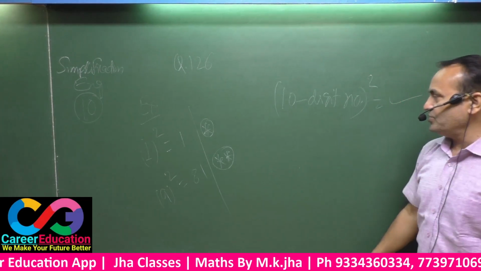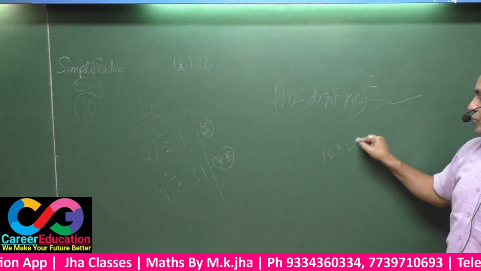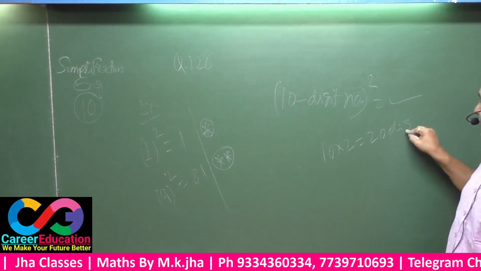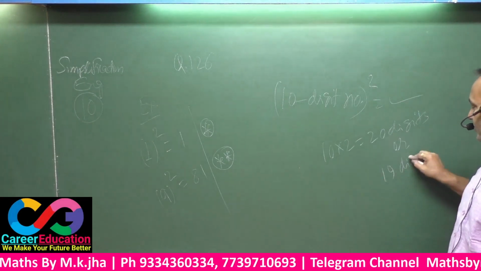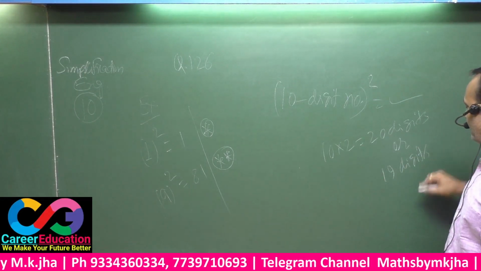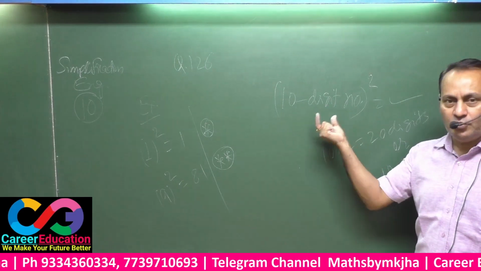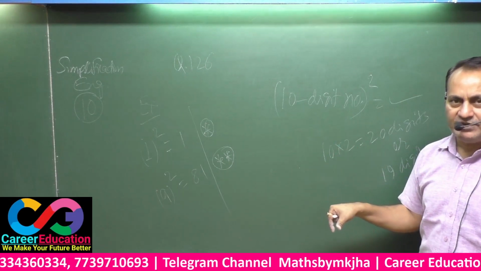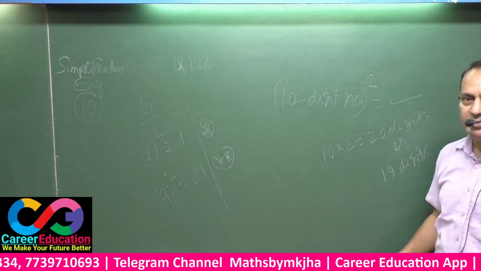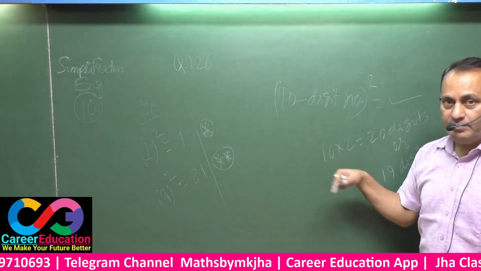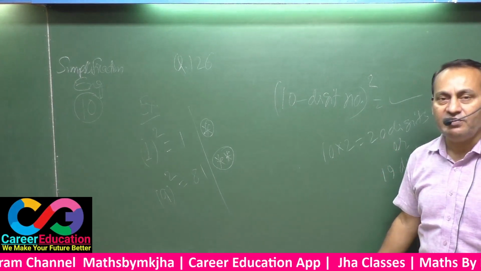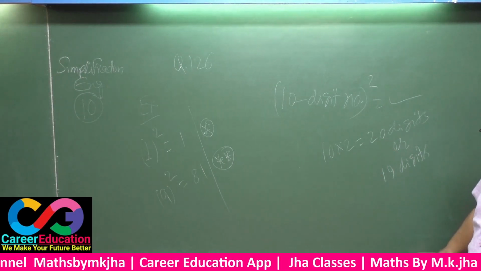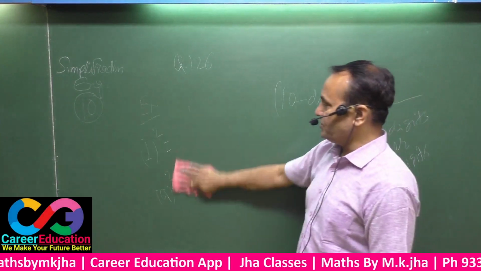Here 10 into 2, 20 digits may be there, or one less, 19 digits, may also be there. If the number given to you is a smaller number, then only 19 digits will be there, and if the number is somewhat bigger, then 20 digits will be there. Be noted. This is for question number 126.